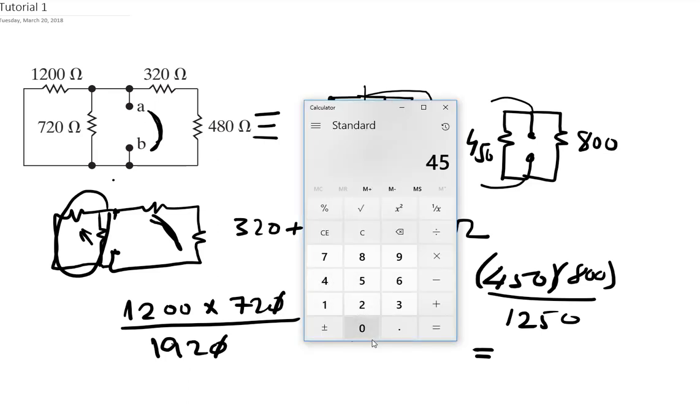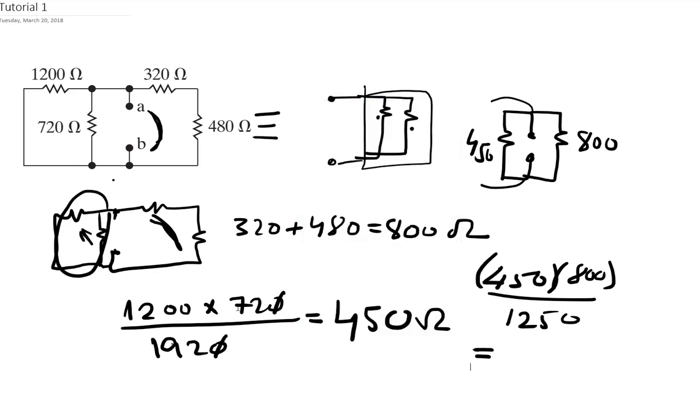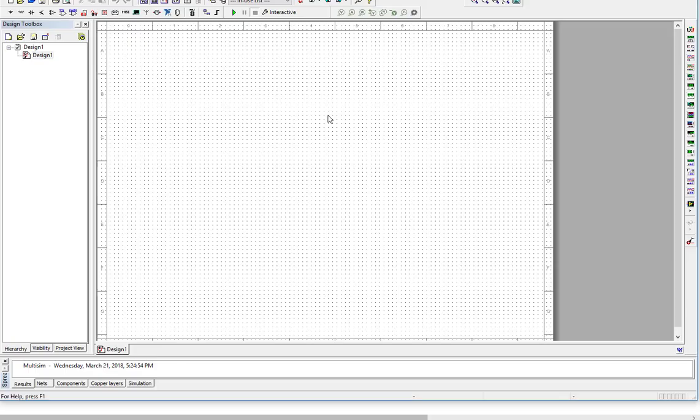So 450 times 800 divided by 1250 gives us 288 ohms. So the total resistance seen by this AB terminal is 288 ohms. Now we are asked to check that using Multisim.